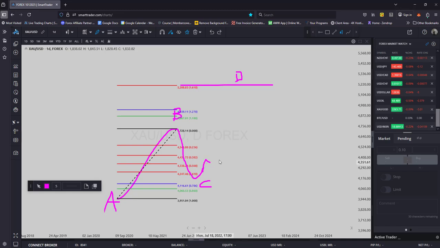So when the market works its way up, and we finally come to this level, and our D is hit, what happens now? What was C becomes a new A. Where D is becomes a new B. And you're going to repeat the same thing again until the trend ends.